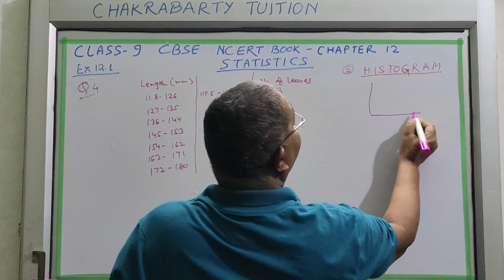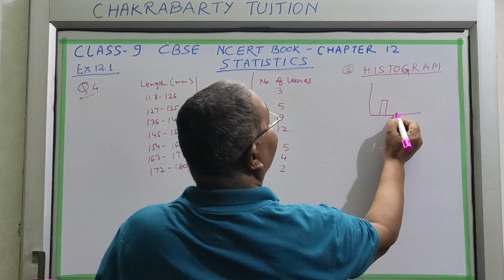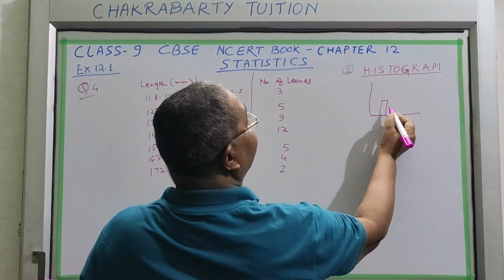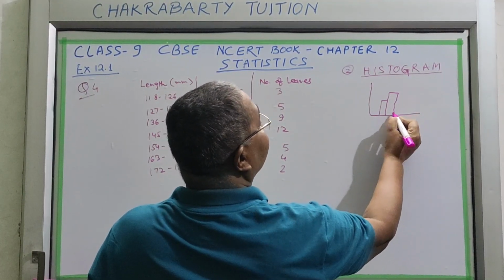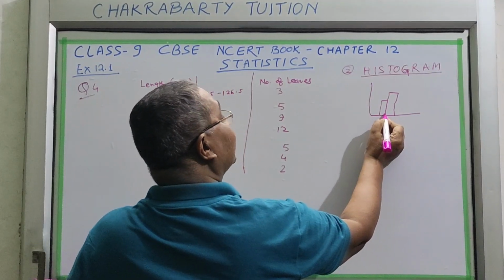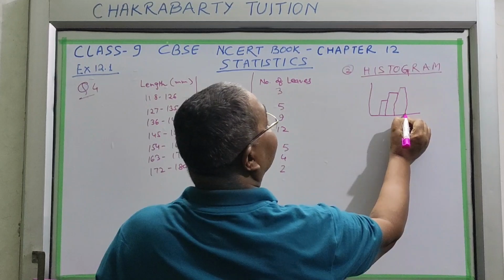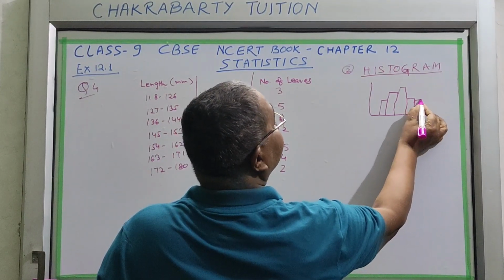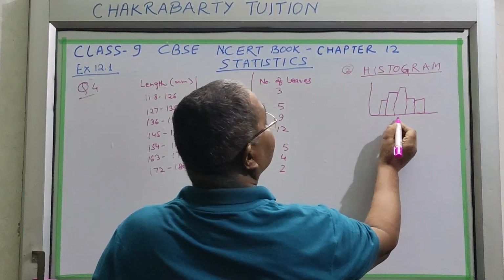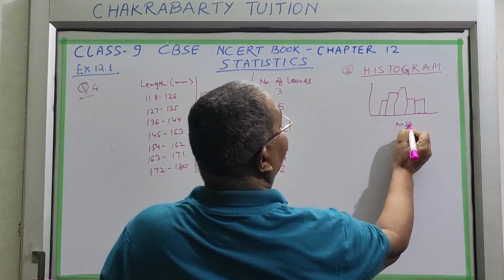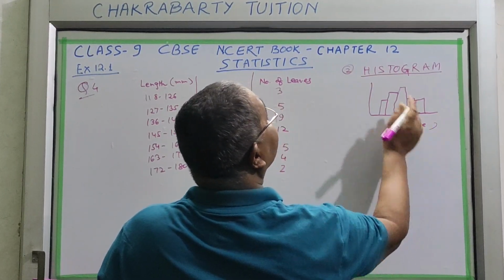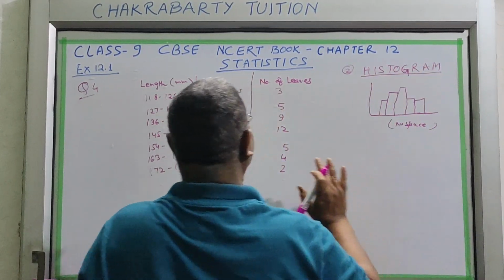The only thing is that previously the bars were with a space. Now the bars will be just side by side, with no space. Then it is known as the histogram.